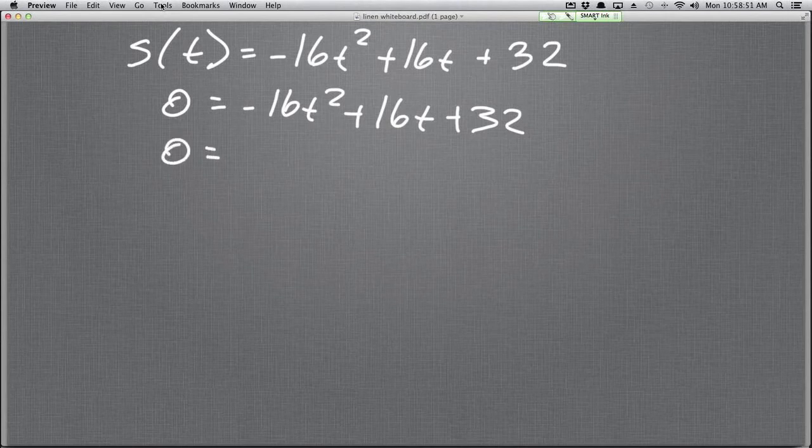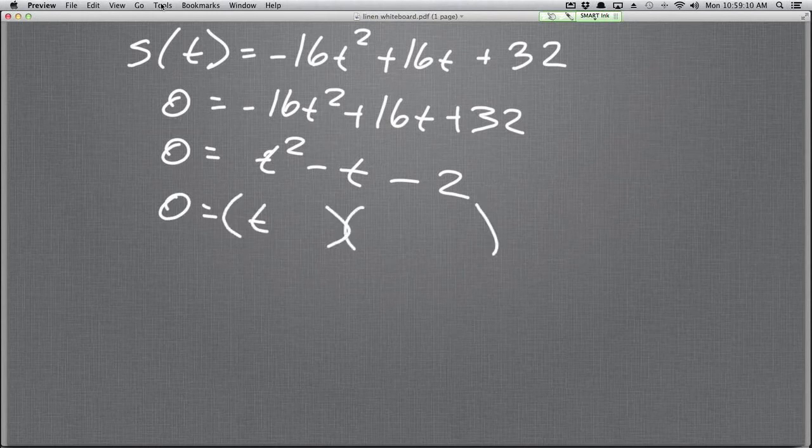That gives me t squared minus t minus 2. Now what do I want to do with what's left? Factor. How's that factor? t minus 2 times t plus 1, so that gives me t values of 2 and negative 1.